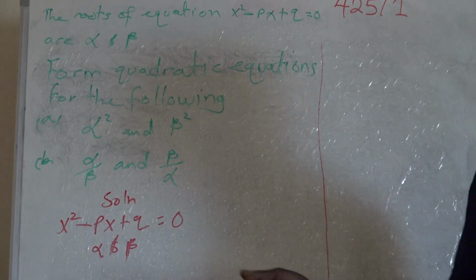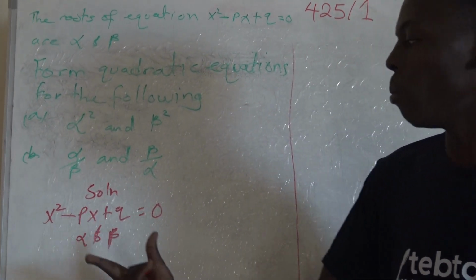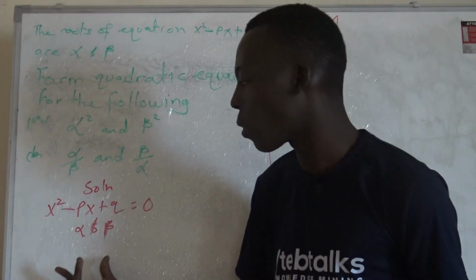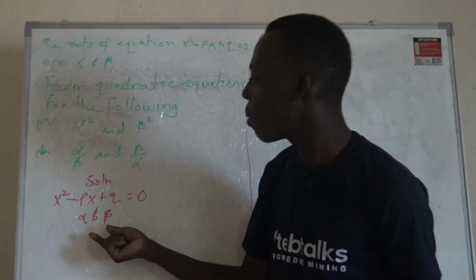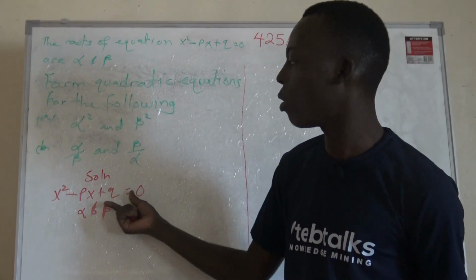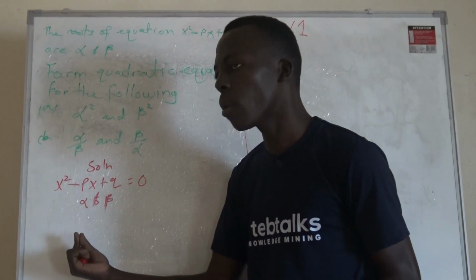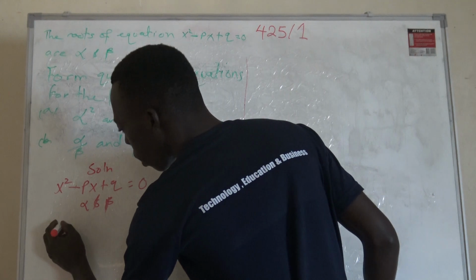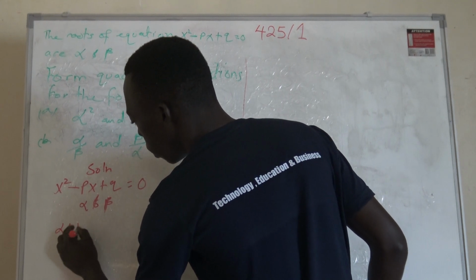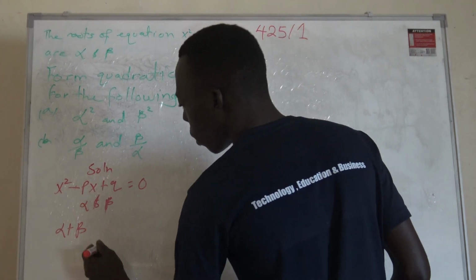So when they give you a question like this and they say that the roots are alpha and beta, or any roots a and b, first get the sum and the product in this equation. We get the sum from the number in the middle, which is the b. The sum is just the addition of the roots, alpha plus beta.